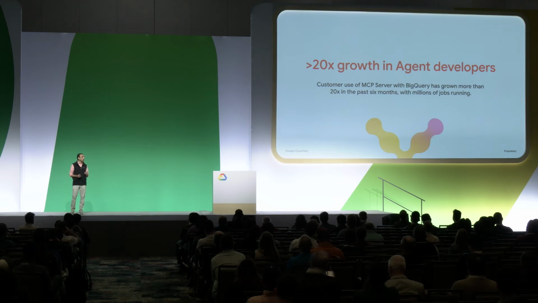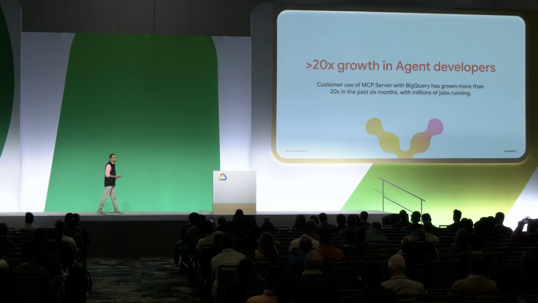In fact, all across our tools, just in the last 6 months, we have seen 20x growth in agent developers working with us, and it keeps growing. We're getting millions of queries coming to BigQuery every month through our agentic connectivity and integrations.